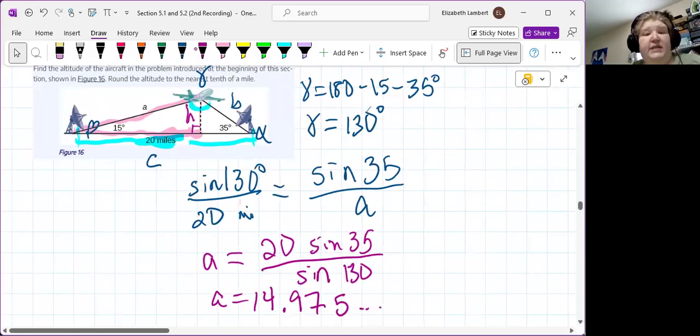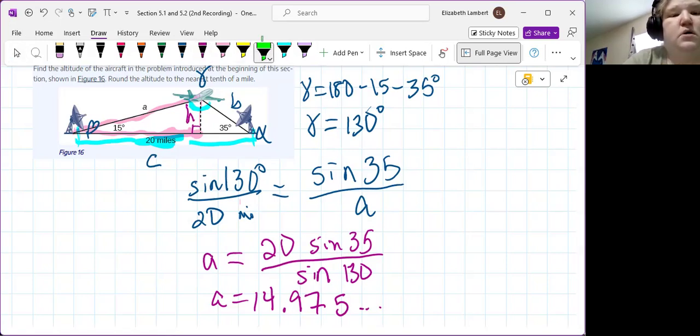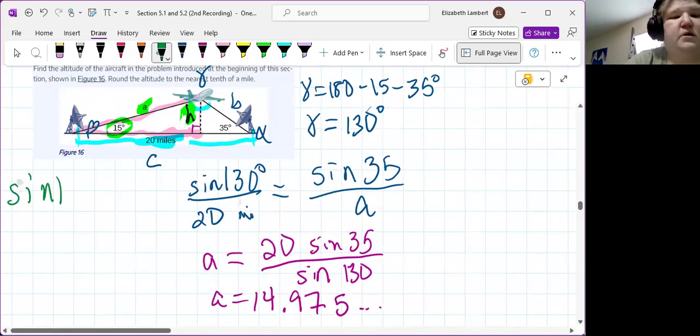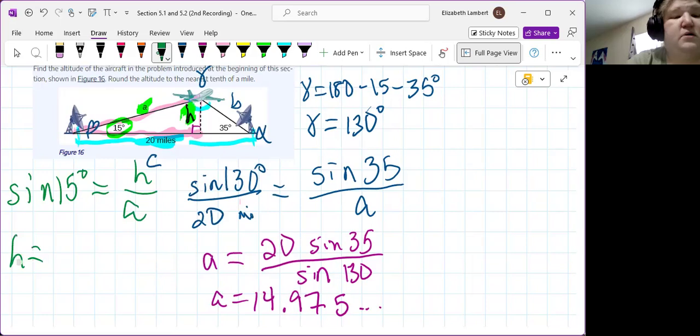All right, they wanted the H, and now that I know what A is, I'm going to use, I have A now, I want H, and in the right triangle in pink, I know the 15 degrees, so that's the side opposite it and the hypotenuse, so we are going to use the sine of 15 degrees is H over A. So we're just going to take that A we have in the calculator times the sine of 15.